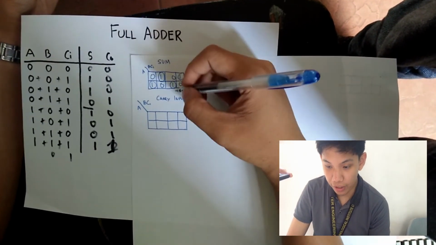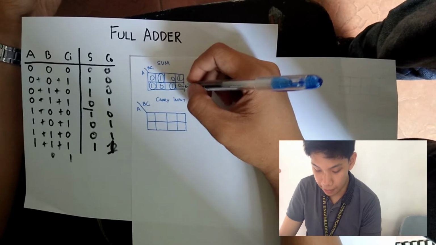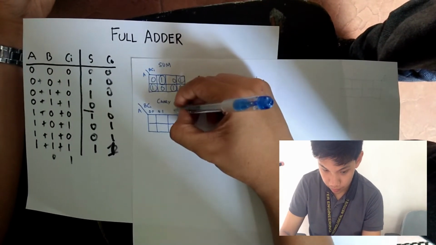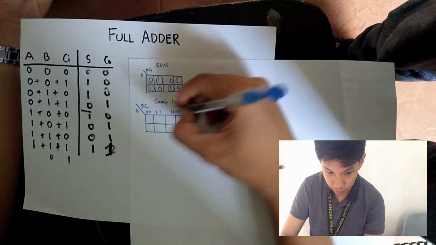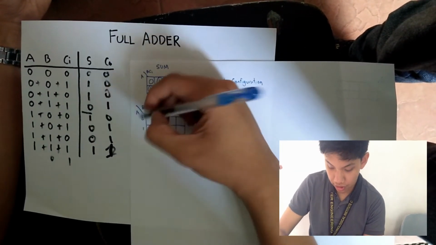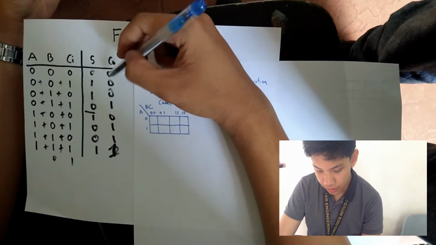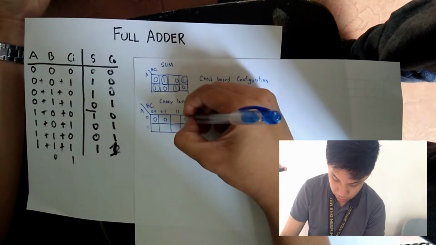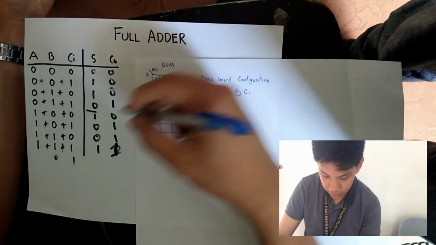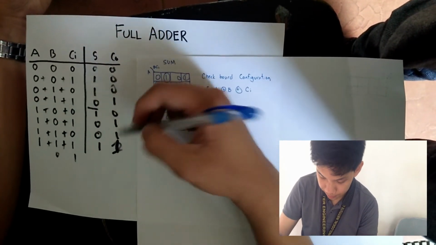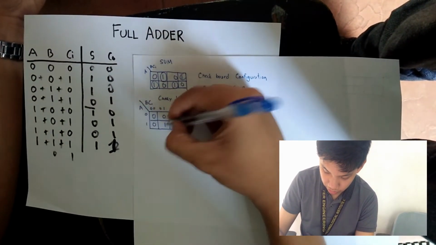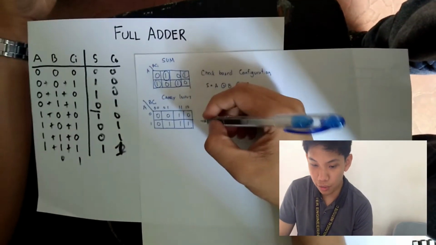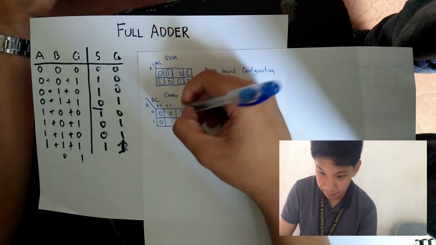So we will find the expression for the next K-map. Here it shows 0, 0, 0, 1, and next 0, 1, 1, 1. This is the simplest thing you will do in this K-map.